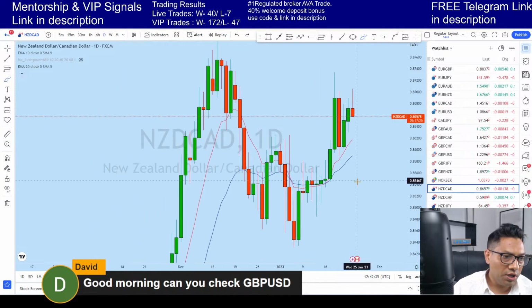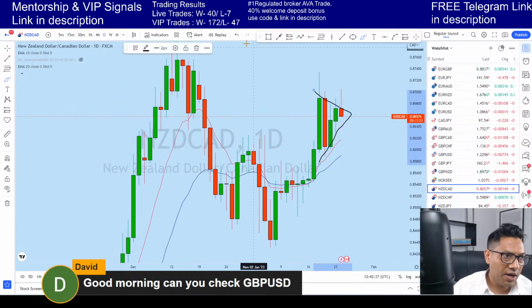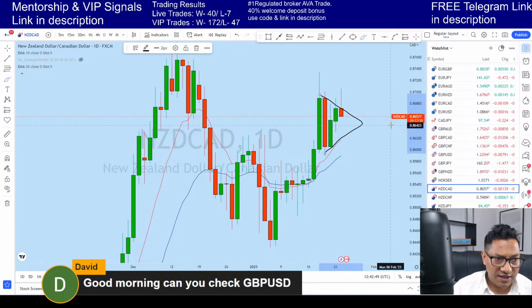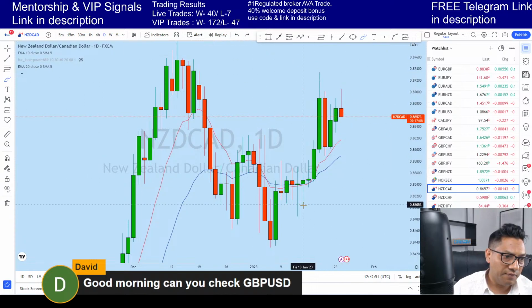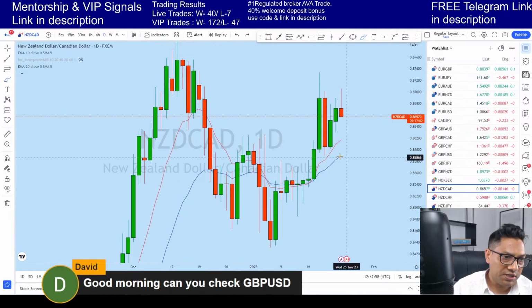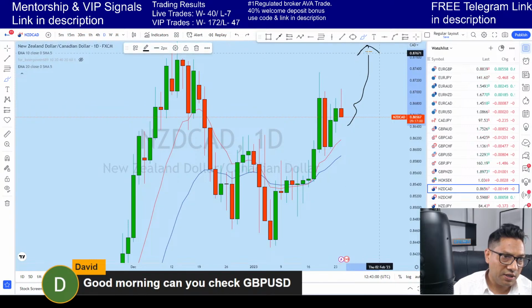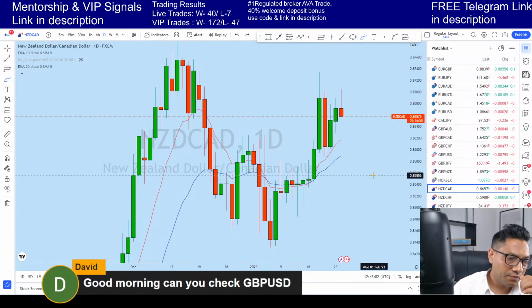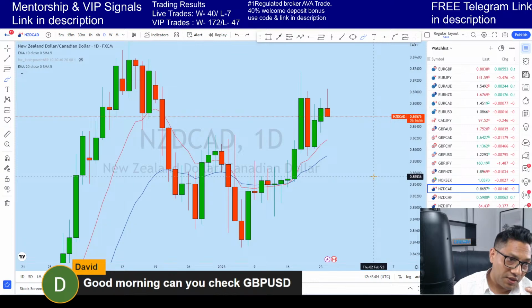Now with that consolidation, what we have seen is that the price first of all grabbed liquidity from here, now grabbed liquidity from here, again coming back down. So this pattern we see on NZD CAD is in fact a bullish pattern. Okay, so this is a big bullish move here. When you see this kind of pattern, you can expect the price to break to the upside. All right, so this is from the daily perspective.